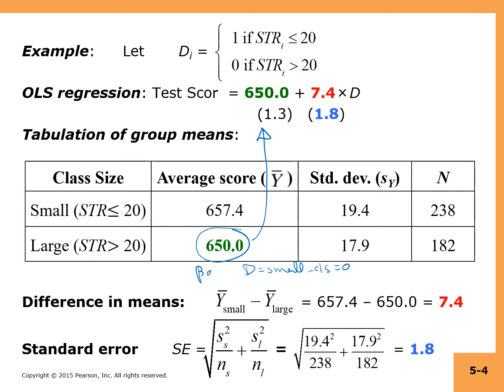We also said that the difference between the average test scores is equal to beta 1. So we subtract the average test score of the large class from the small class, and that's how we get 7.4 as beta 1.